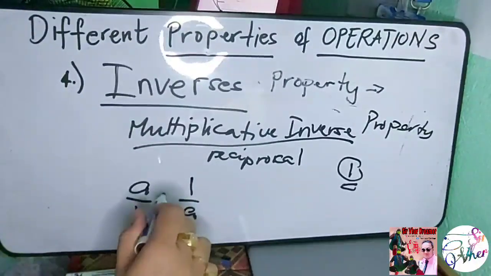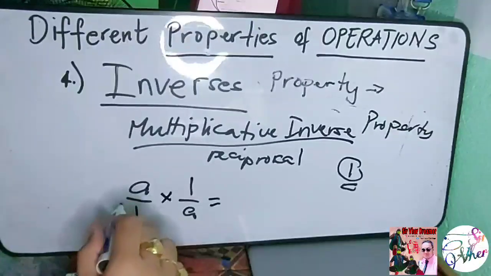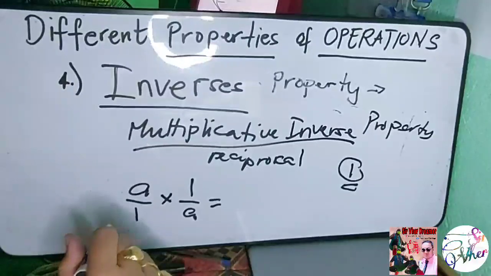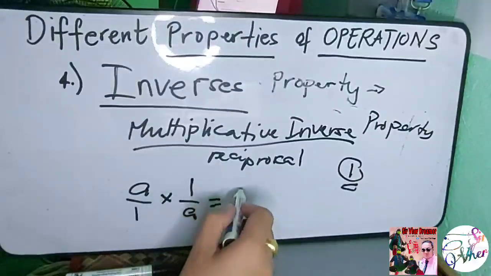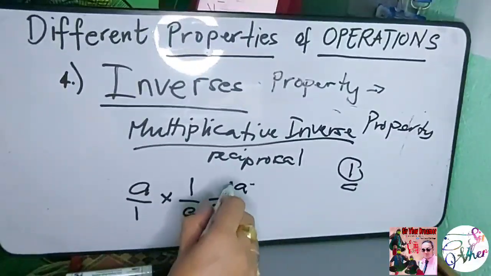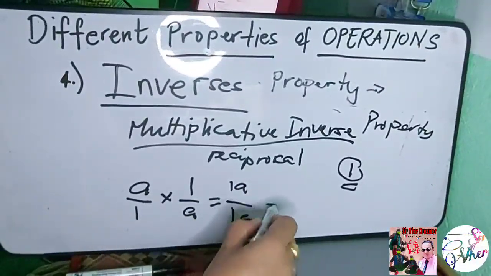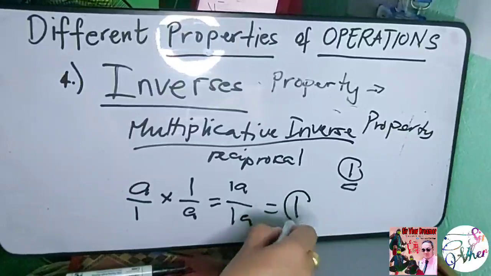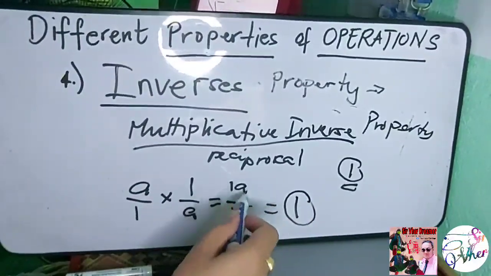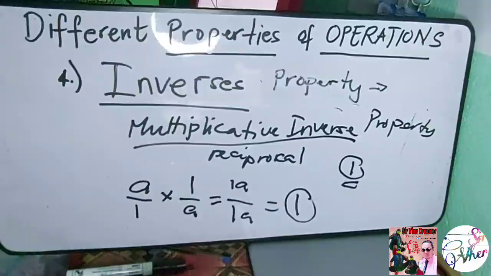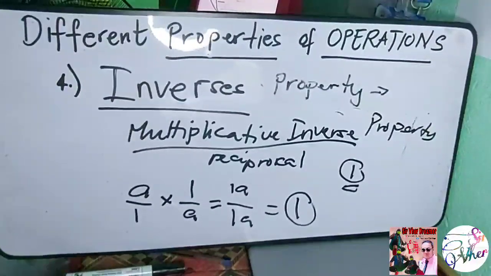So we get the product. What is the answer? A times 1 over A, which is A over A. So the answer is always 1, because if you divide a number by itself, the answer is 1. Did you get it? That is the multiplicative inverse property.